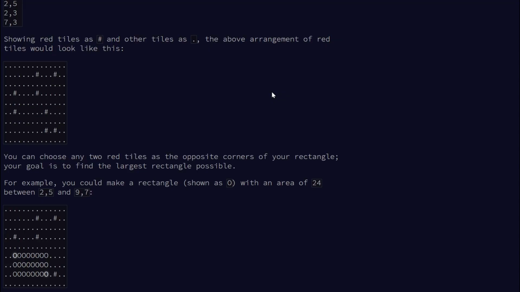Because I don't just have to mark each green tile with, hey, this is the direction that's outside the shape.